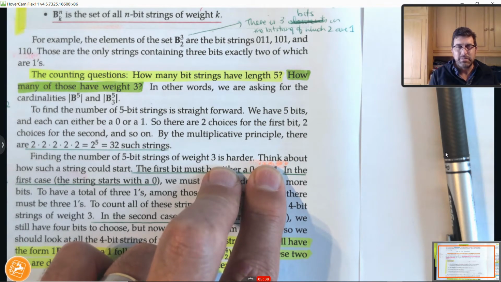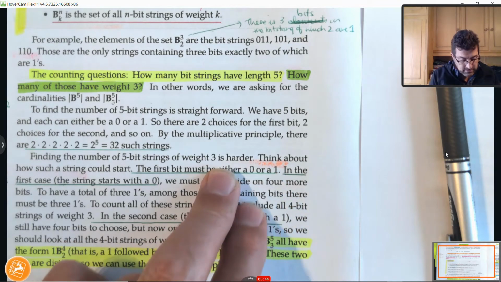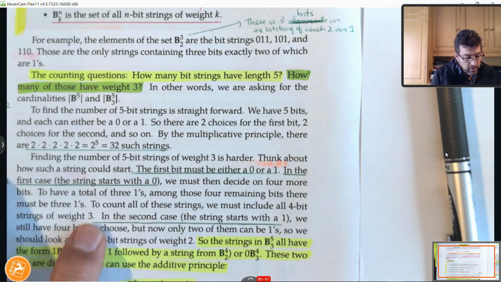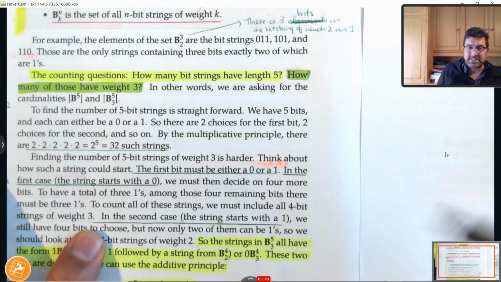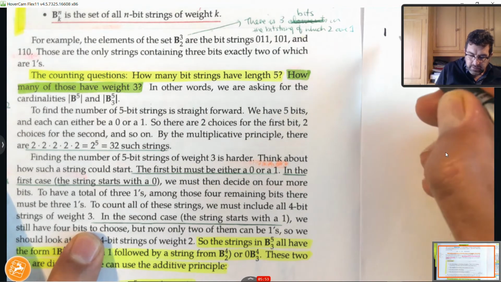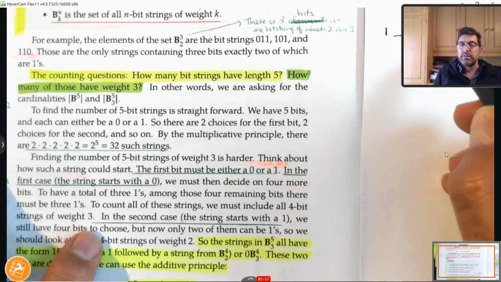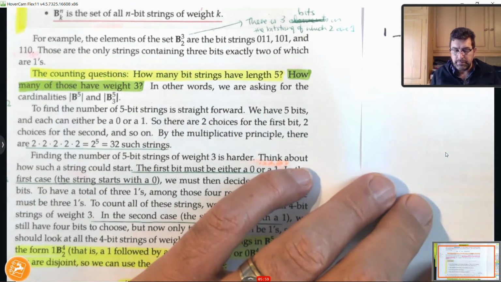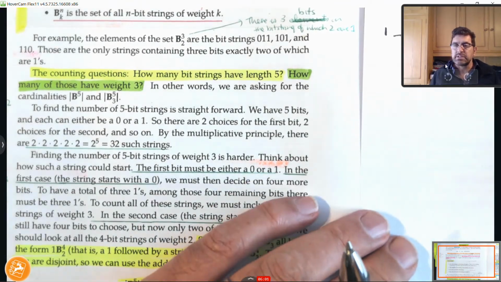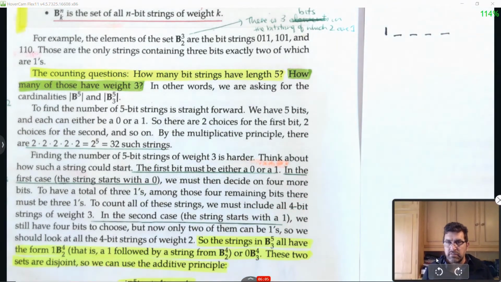You can see you can play around and move those ones around in quite a few ways. So let's see. Once I've made my first choice, let's say my first choice was a 1, remember I have a bit string of length 5.